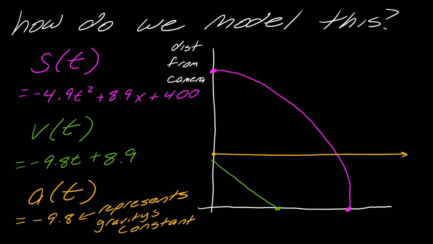So now we've seen two situations, and in both situations, we actually have a constant acceleration. In this case, the constant acceleration is negative 9.8, so this is what gravity is doing to it. In the other situation, we had an acceleration that was constant, and it was 0, which was not no acceleration, as in non-existent acceleration, it was just 0 acceleration.